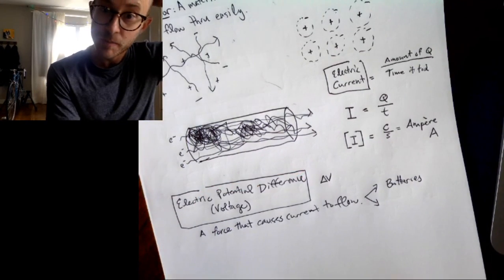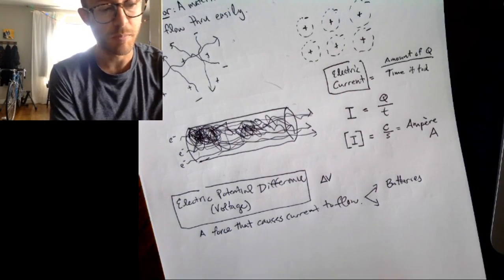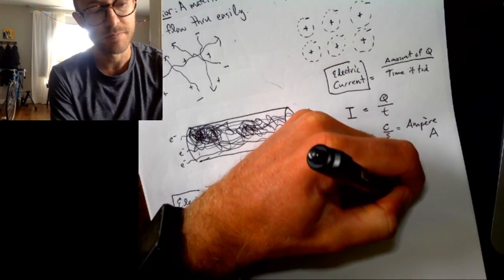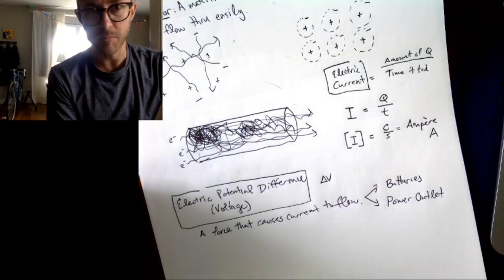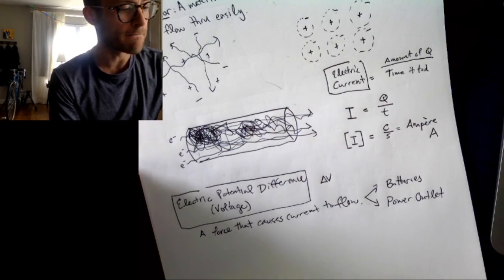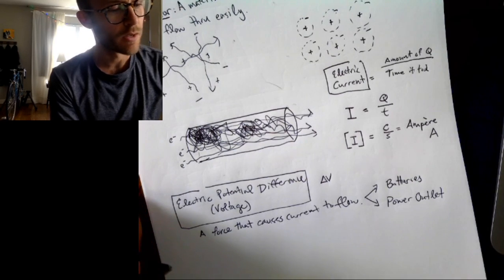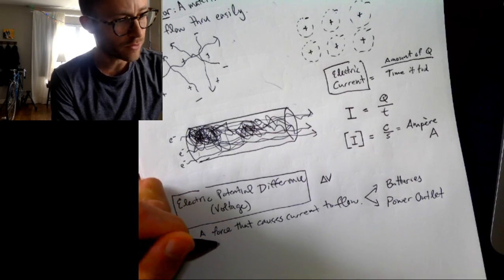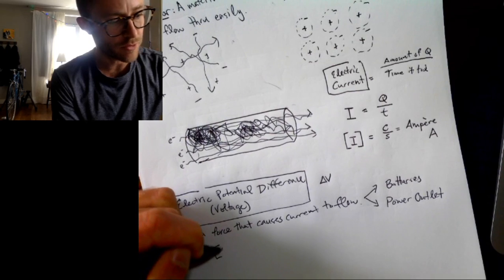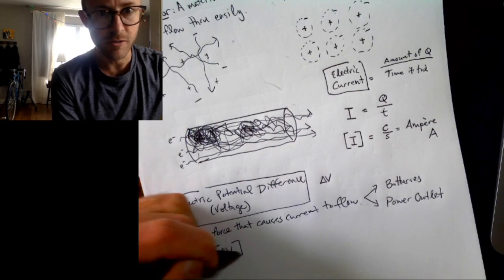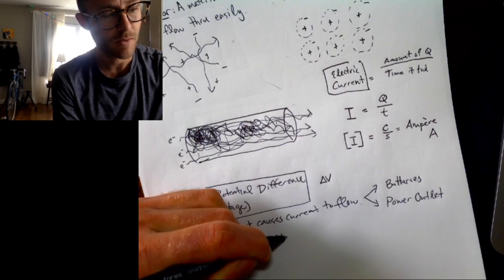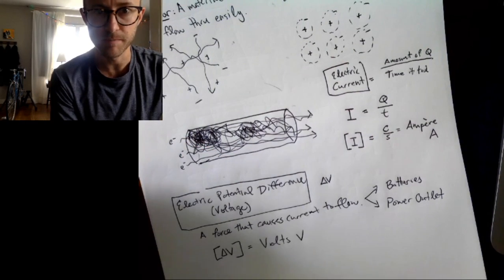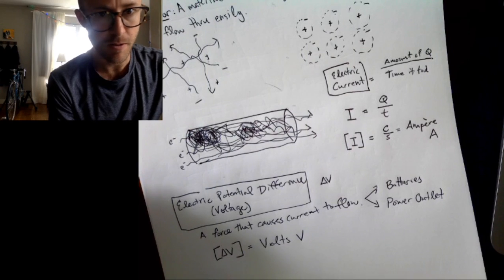Another example would be the power outlet. So those all provide electric potential differences. The units of electric potential difference, delta V, are called volts, which is abbreviated by V. Okay.